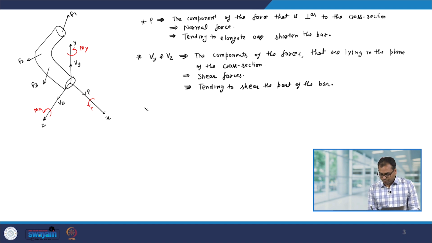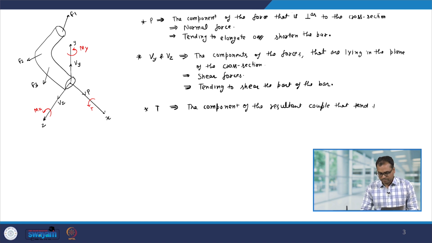Now, we have couple T. This T is the component of the resultant couple that tends to twist the bar. Therefore, this is also called the twisting moment or torque.